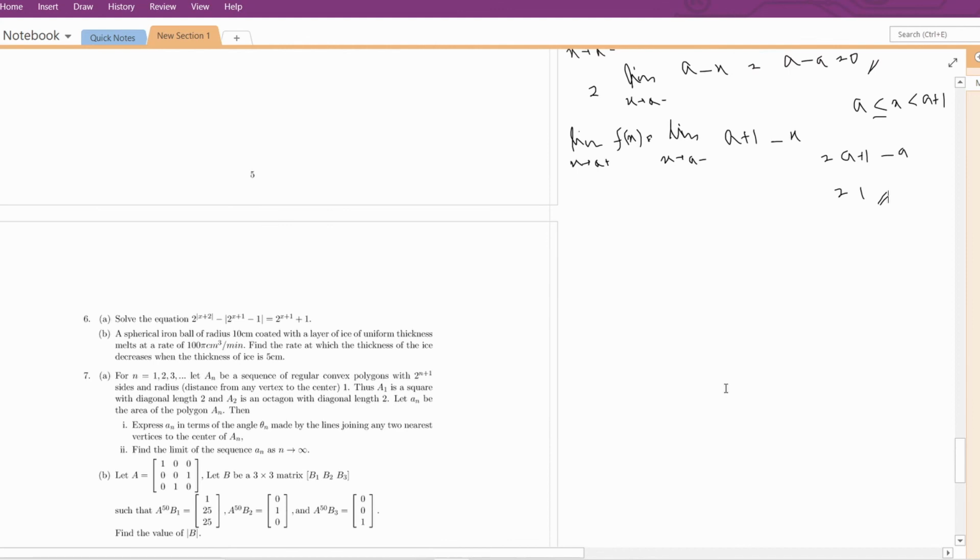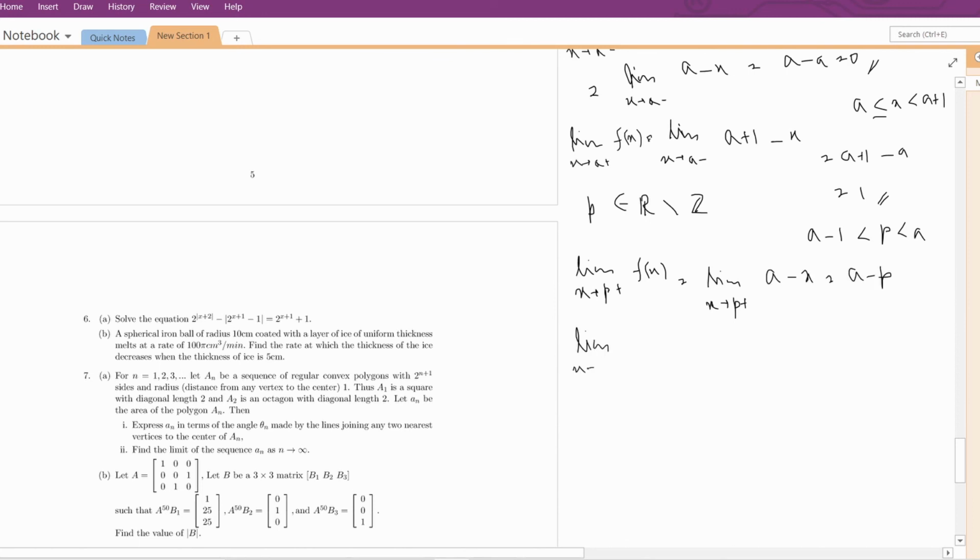so f(x) is discontinuous at all integer points. For the non-integral points, suppose p is a non-integral point, so it belongs to R minus Z. Then suppose p belongs to the interval a minus 1 to a. If we calculate limit x tending to p plus f(x), then this is obviously a minus x and it will be a minus p.